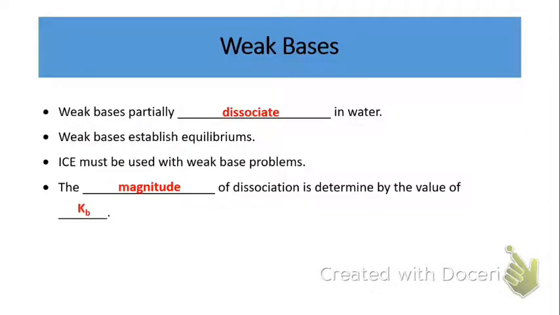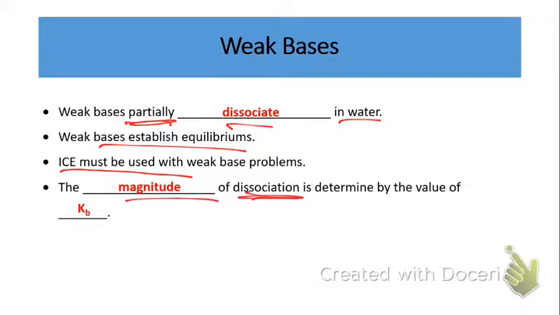So what are some characteristics of weak bases? First of all, they only partially dissociate in water, just like weak acids only partially dissociate or ionize. Remember that a strong base completely dissociates in water, but a weak base will not. Weak bases establish equilibria. We must use ICE in weak base problems, and the magnitude of the dissociation is always determined by the value of Kb.